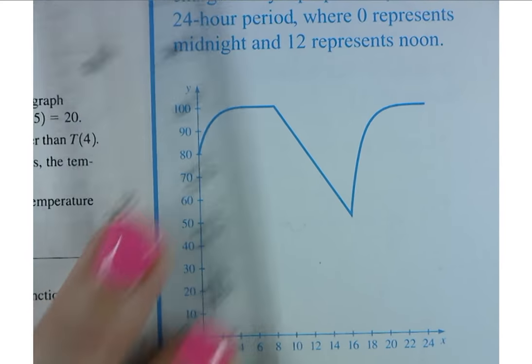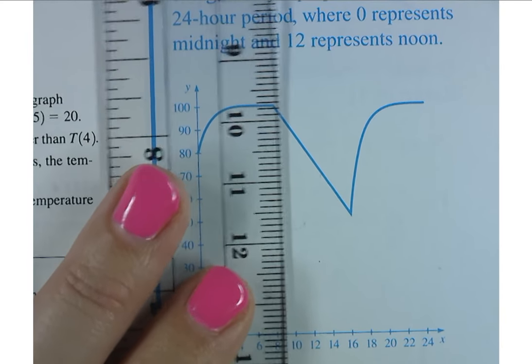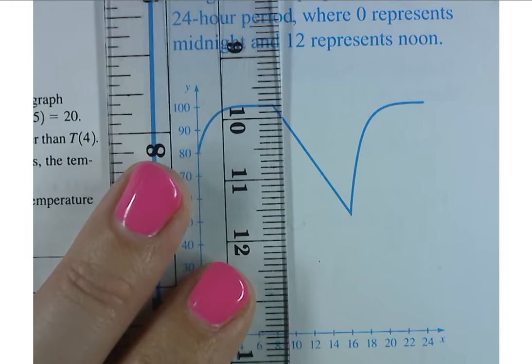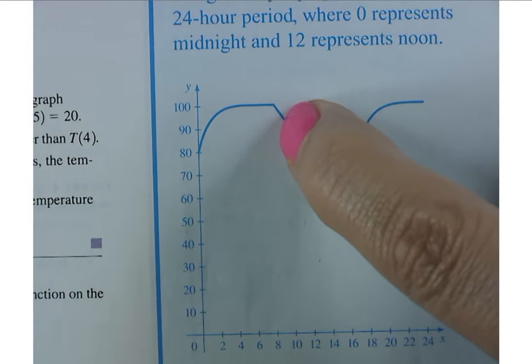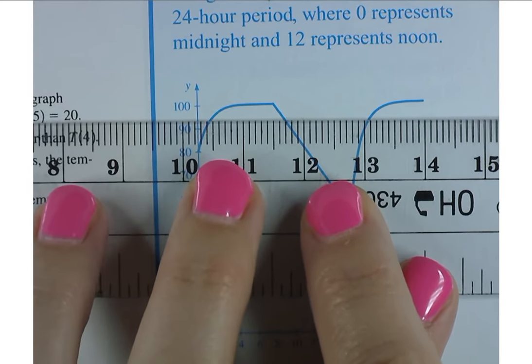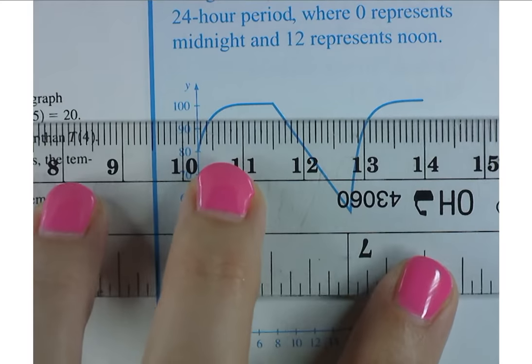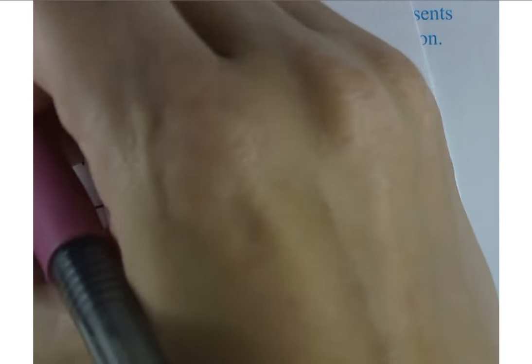It looks like, if I get my ruler straight, I'm about right here, and then I would follow that straight across. And it looks like I'm about halfway between 90 and 100, which means I would estimate that to be somewhere around 95.